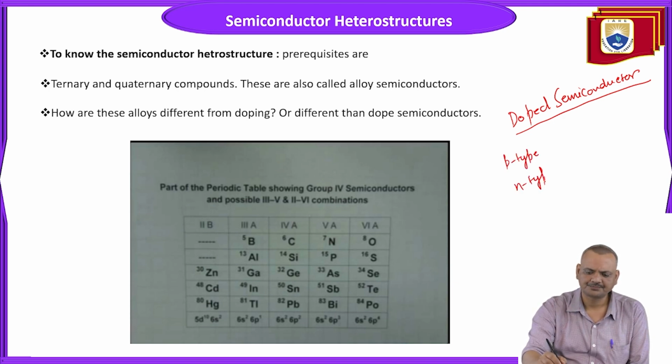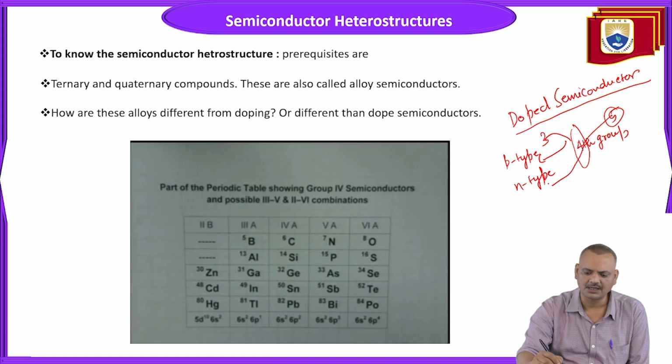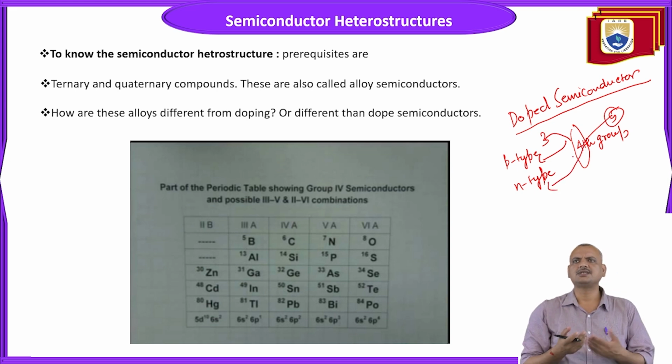If you add a third one with the fourth, you get p-type. If you add a fifth group element with the fourth, you get n-type. So these are doped semiconductors. You are doping something with a fourth group element.